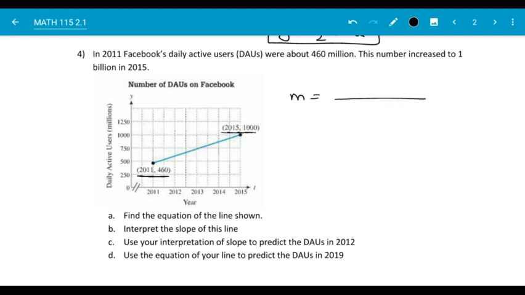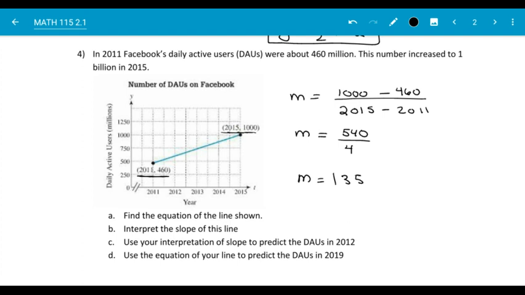So our slope is the difference of the y's, so 1,000 minus 460, divided by the difference of the x's, 2015 minus 2011. So 1,000 minus 460 comes back at 540 divided by 4. 540 divided by 4 is 135.